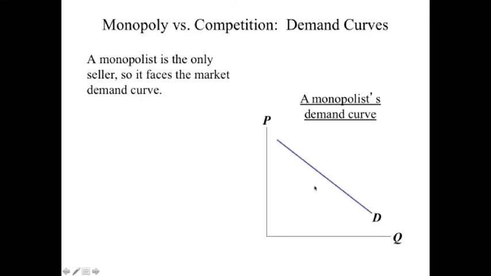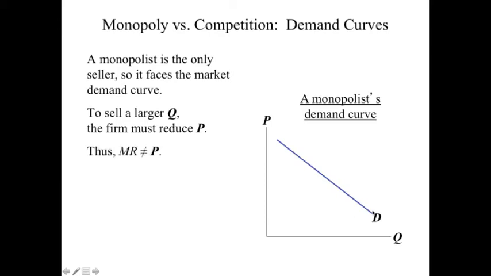The monopolist is the only seller, downward sloping market demand curve. If it wants to sell more, the price is going to drop, right? If you want the quantity to go up, the price is going to drop. That's just our standard law of demand. But what that means then is the marginal revenue from selling one more unit doesn't equal the price.